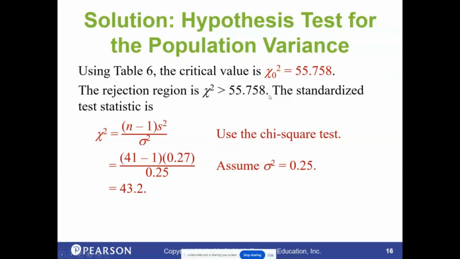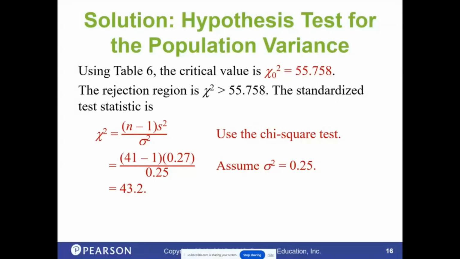So now we need to find our test statistic to see if it's in that rejection region or not. So I use my chi-squared formula. That's equal to n minus 1 times s squared over the variance. N was 41, so I've got 41 minus 1. My s squared in the problem, remember we circled that and labeled it as s squared, was 0.27. And then the variance comes from our claim, 0.25. When you put that in your calculator, you end up with 43.2.